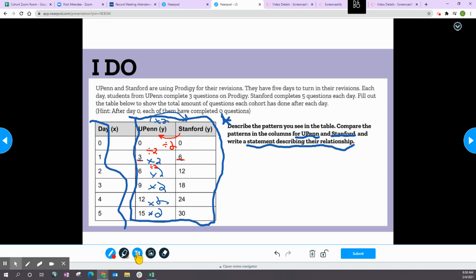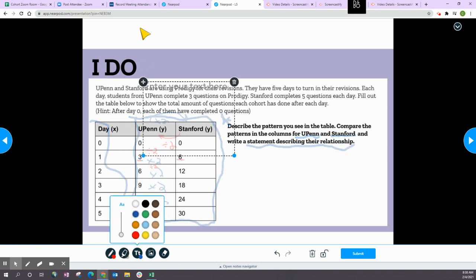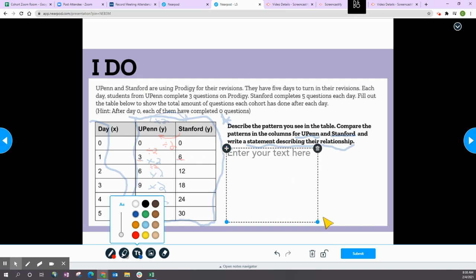Now that we know that the rule is either UPenn times 2 or Stanford divided by 2, I need to write a statement describing these relationships. I could write it 2 ways.